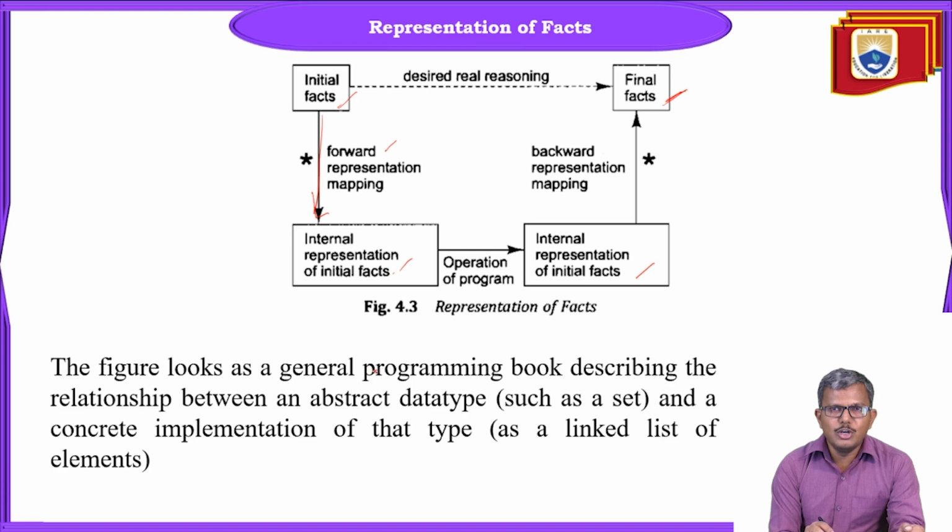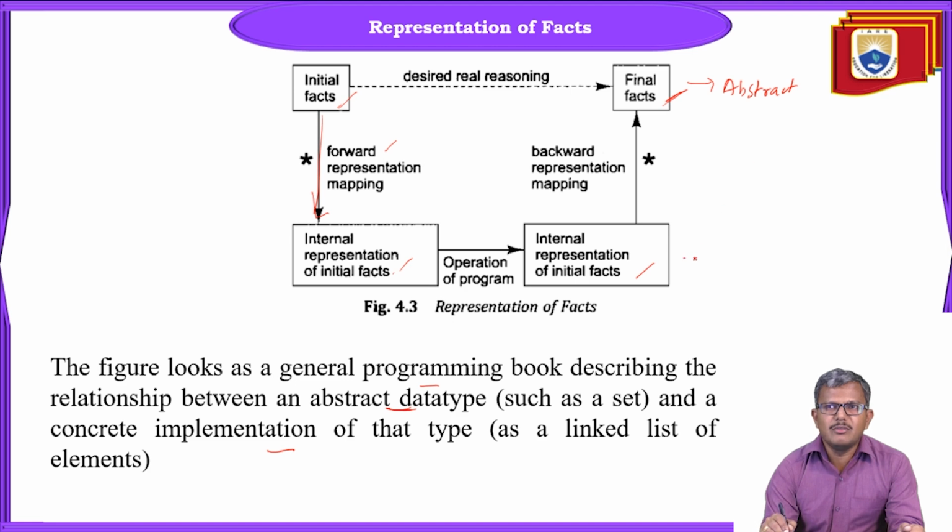The figure is going to look like one in a general programming book, describing the relationship between the abstract data type and the concrete implementation of that type. At this level, these are the abstract classes, the abstract level representation of the knowledge.